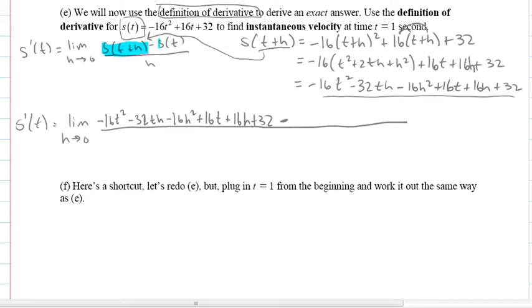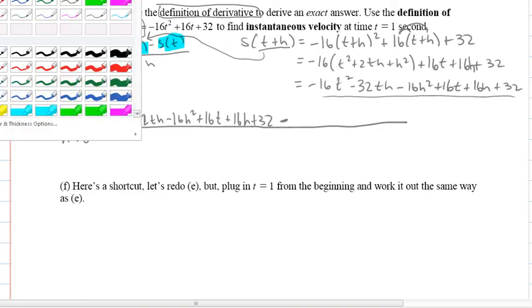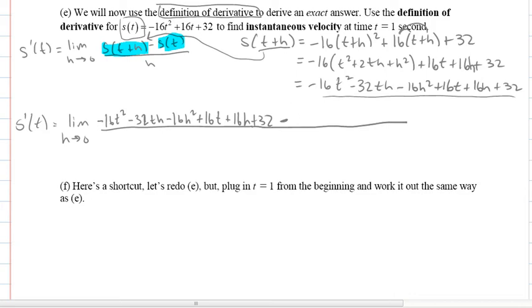Now I've got to do the subtraction of s of t. And that is the original equation. But when I negate the equation, I also negate the signs. So it's going to be plus 16t squared minus 16t minus 32 all over h.